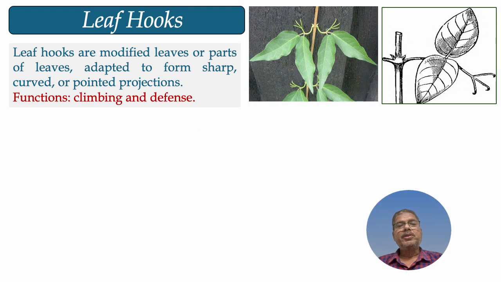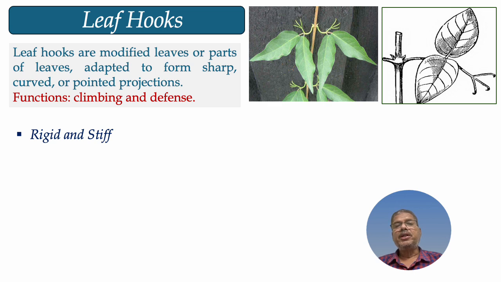Leaf hooks are specialized plant structures that are modified leaves or parts of leaves, adapted to form sharp, curved, or pointed projections. These adaptations primarily serve two crucial functions.